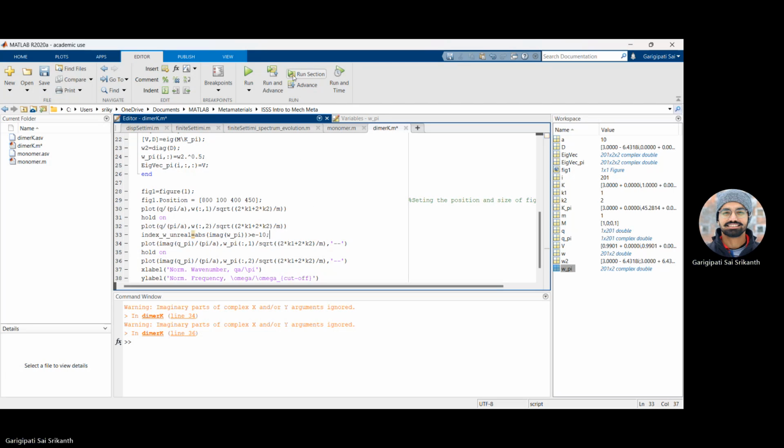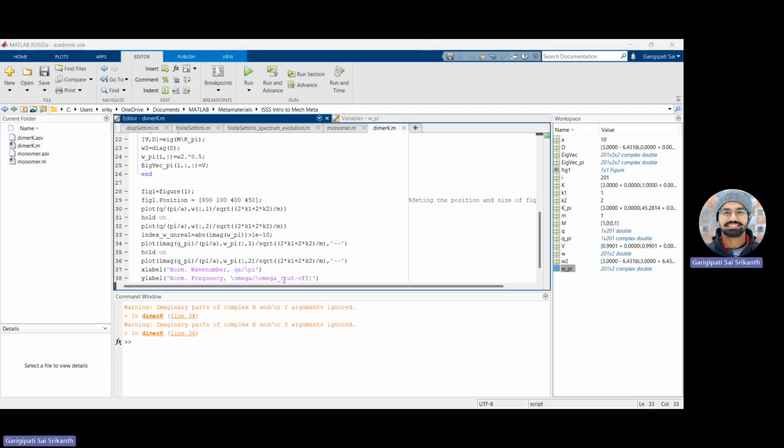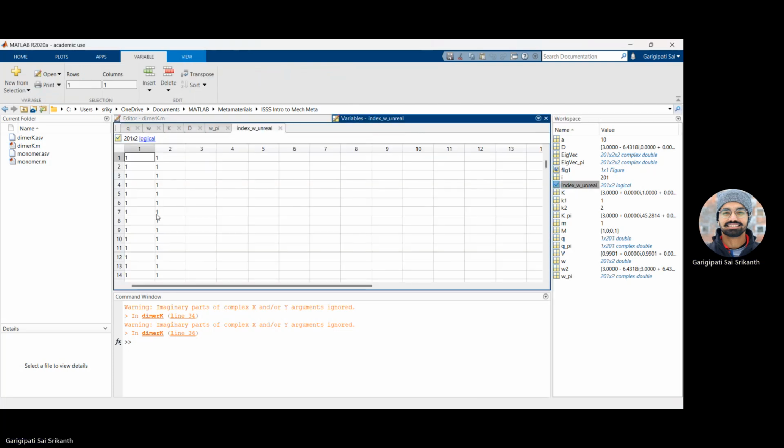Let's see what. One into e power. Okay. So if we look at index omega unreal, so this is a true.